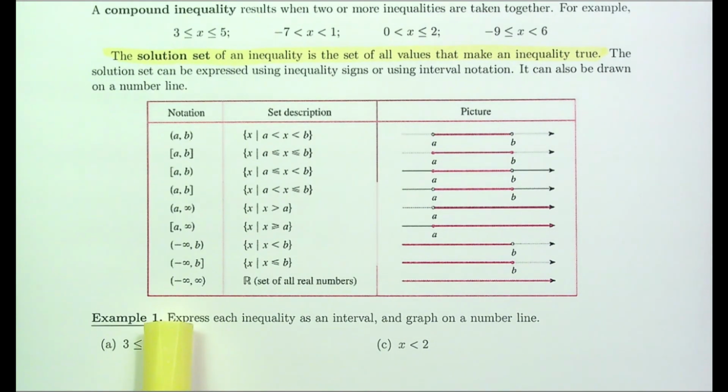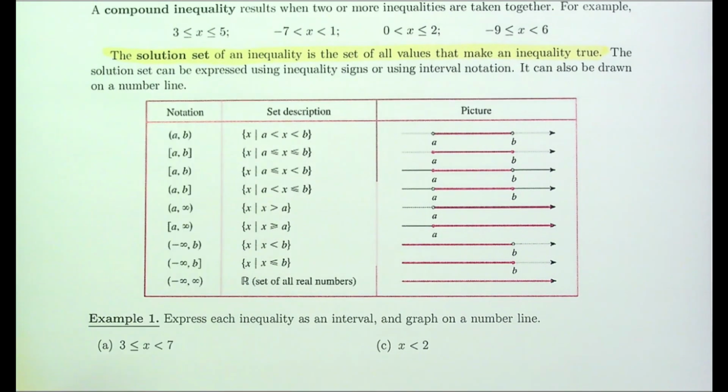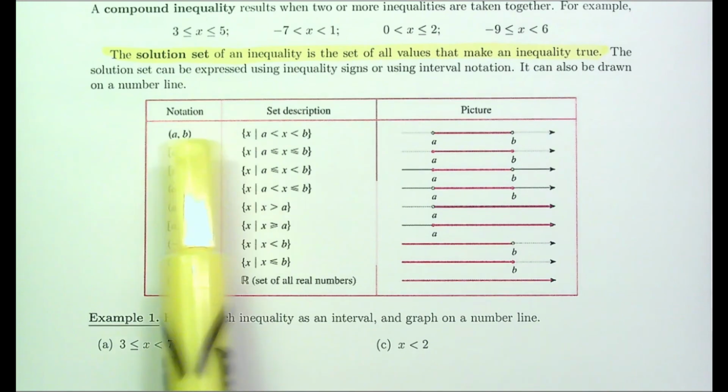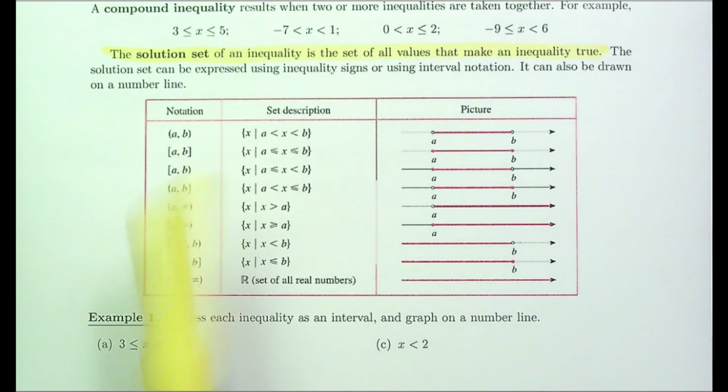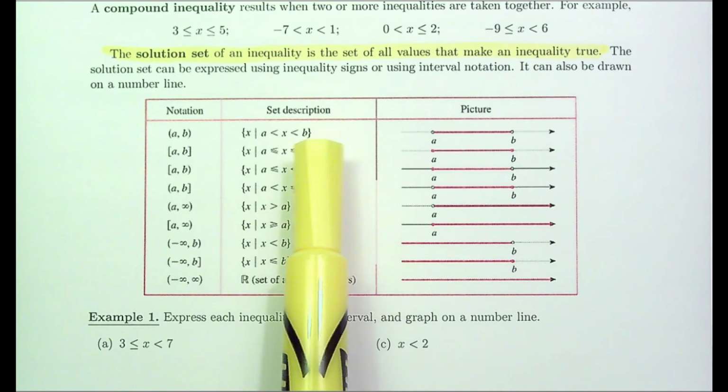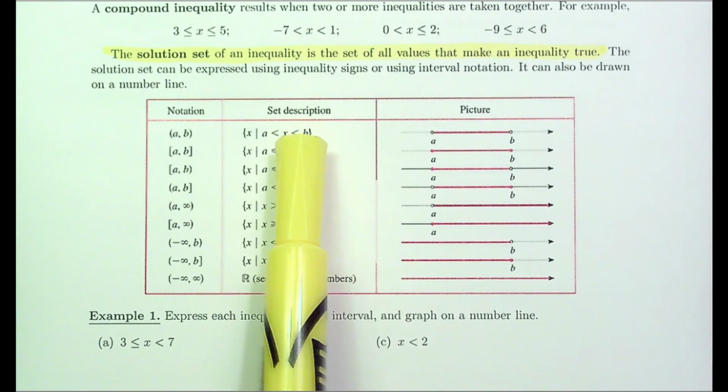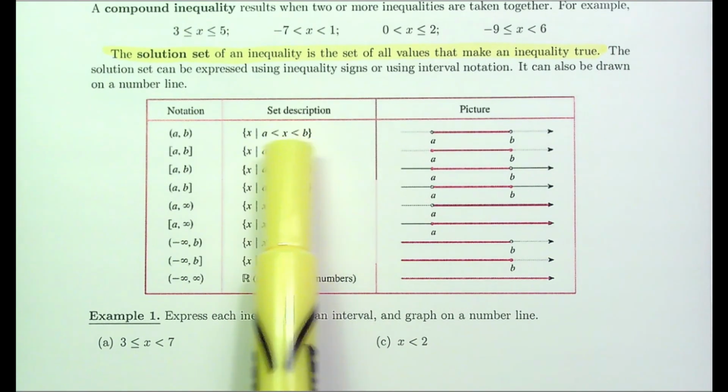So in interval notation, these are the different possibilities. We use parentheses when we don't want to include the endpoints, the extremes. If you have the interval (a, b) with parentheses on both sides, that means you want all the numbers strictly between a and b, not including a or b.